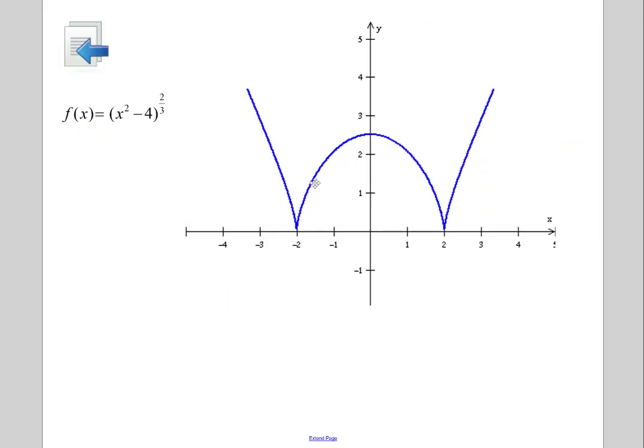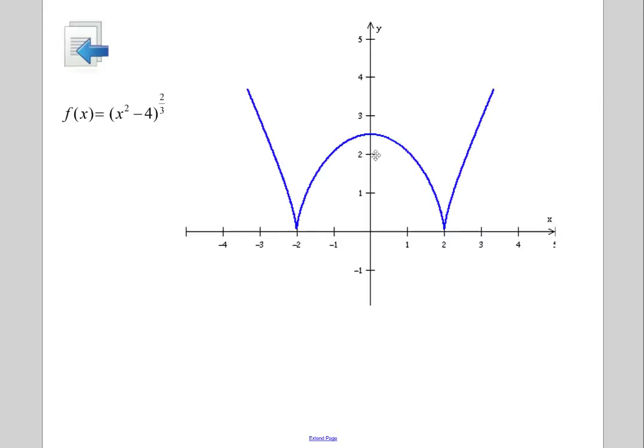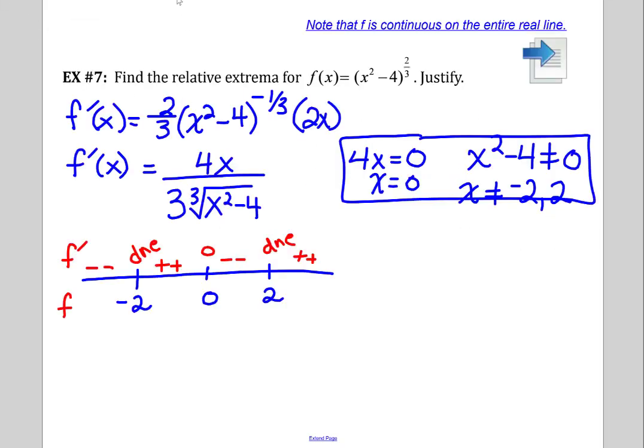Negative derivative, positive derivative, negative derivative, positive derivative, based on the function behavior, right? Uh-oh, I lost my way there. And the function was decreasing, increasing, decreasing, increasing. So this is a minimum, 0 is a maximum, and 2 is a minimum.